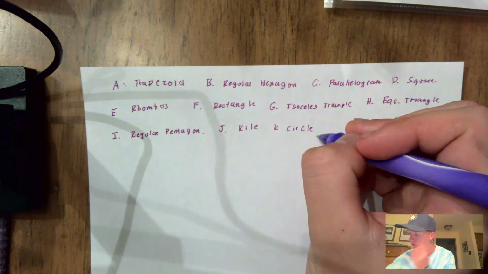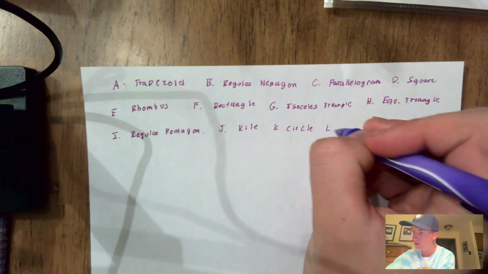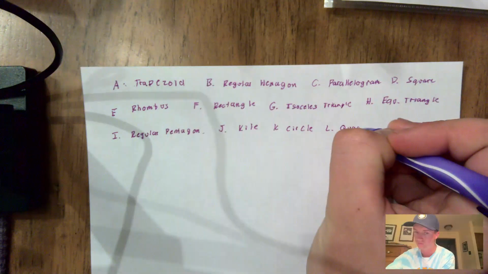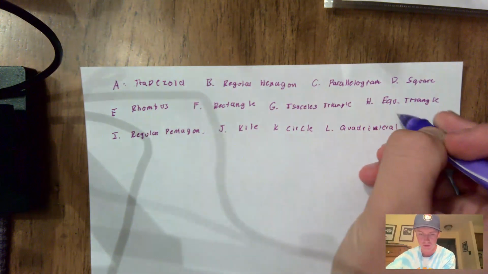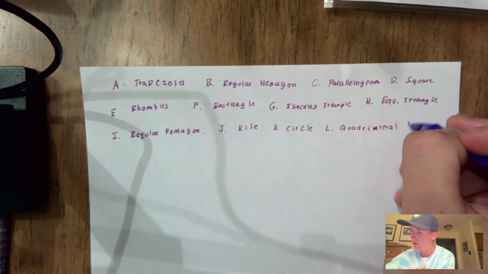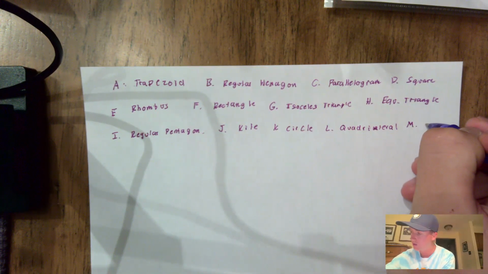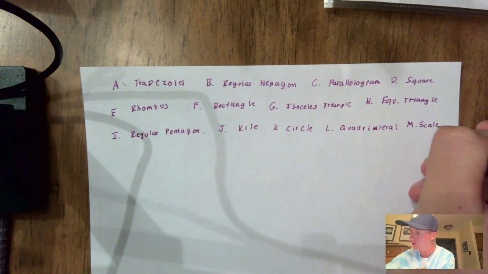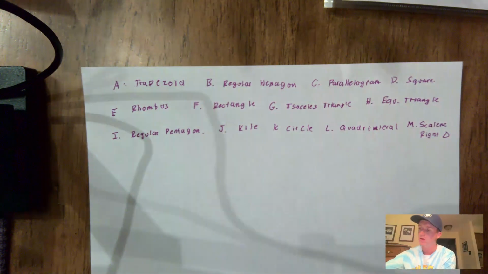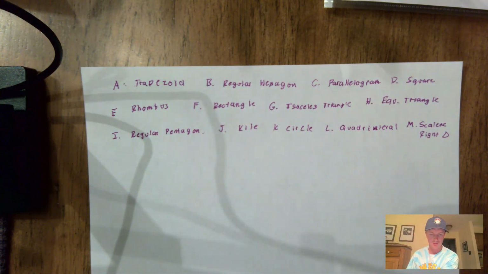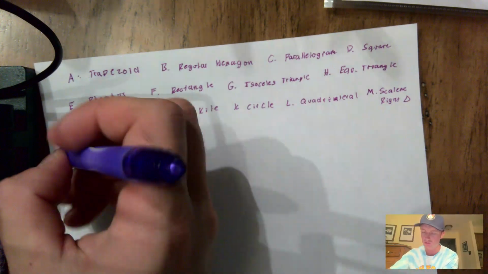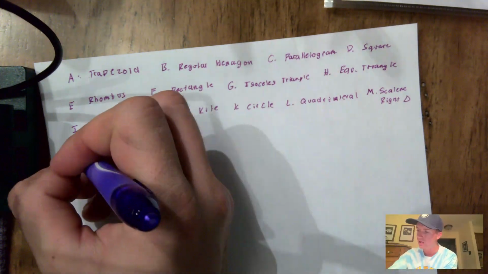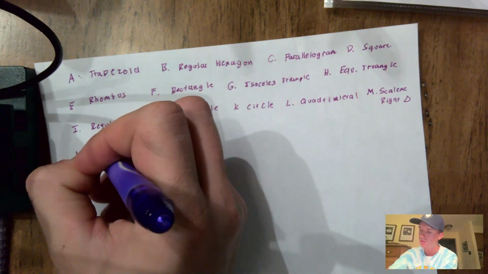L will be a quadrilateral. M will be a scalene right triangle. And the last one, N, will be an obtuse scalene triangle.